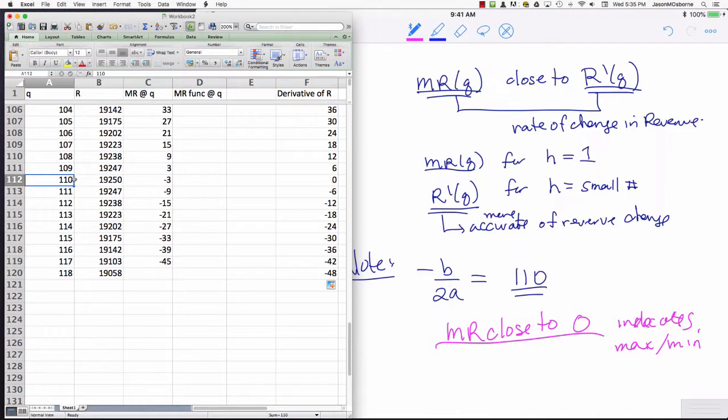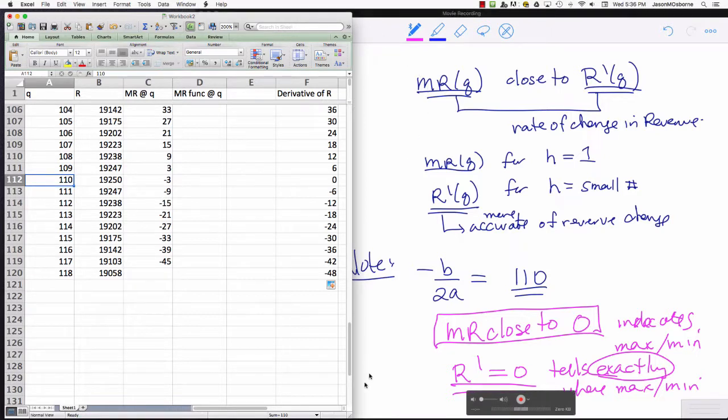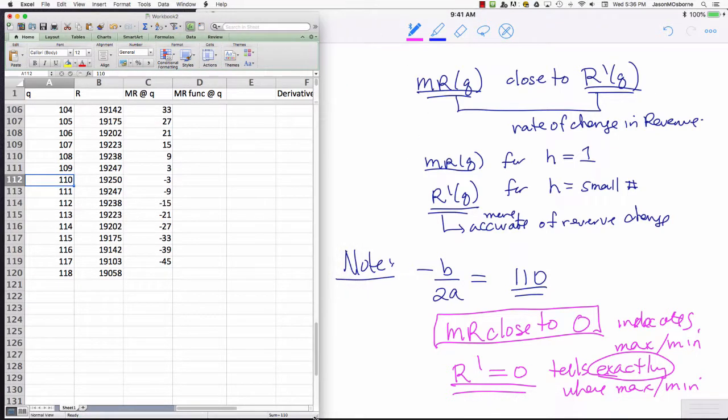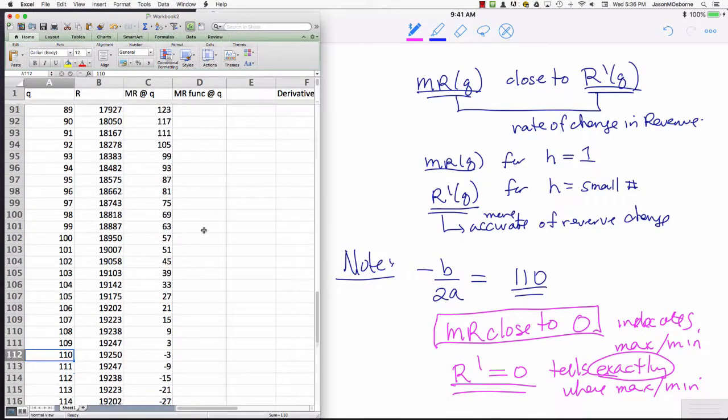So the derivative equal to 0 tells you exactly where the maximum or minimum is going to occur. There's none of this guesswork in the marginal revenue about where the max or min occurs. It's the derivative being equal to 0 that tells you exactly where this happens. So in the next video we'll do a couple more examples of finding the derivative, since it seems so important in telling us where maximums and minimums can occur.